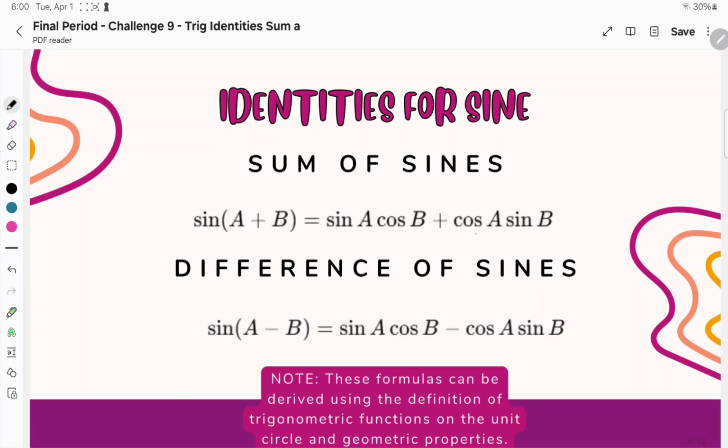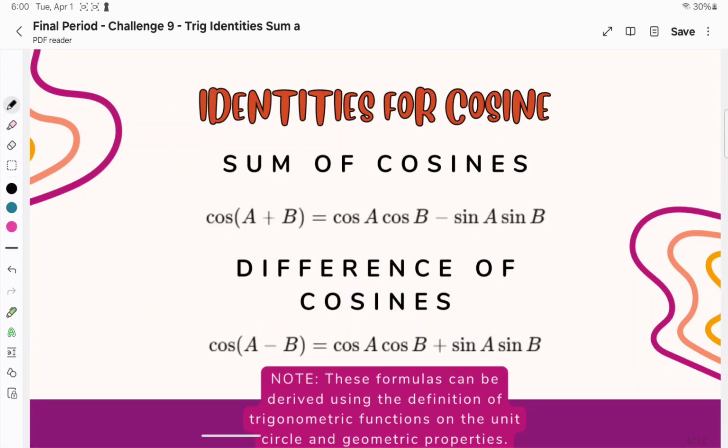Now, as a side note, these formulas can be derived using the definition of the trigonometric functions on the unit circle and some geometric properties. Right now, I'm not gonna show you where these formulas come from because it would take very long, but we're just gonna use them, okay, to solve some problems.